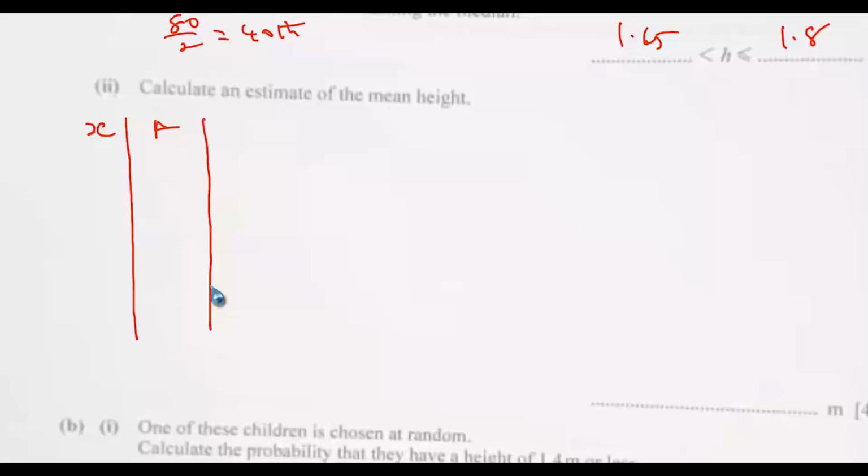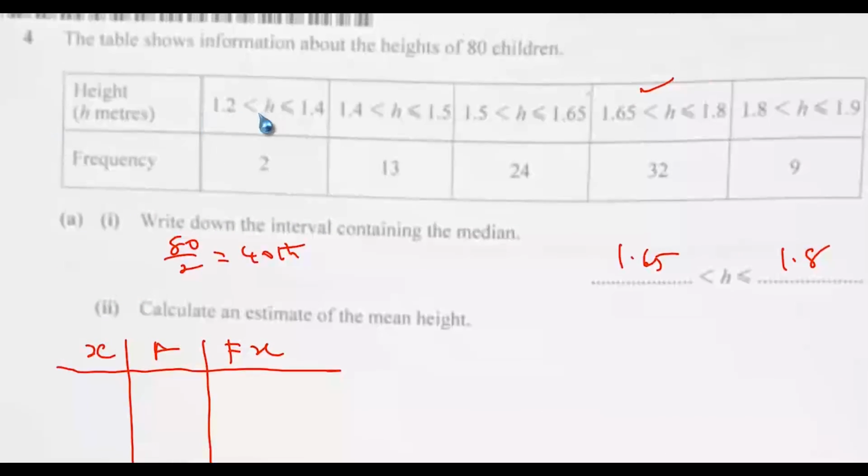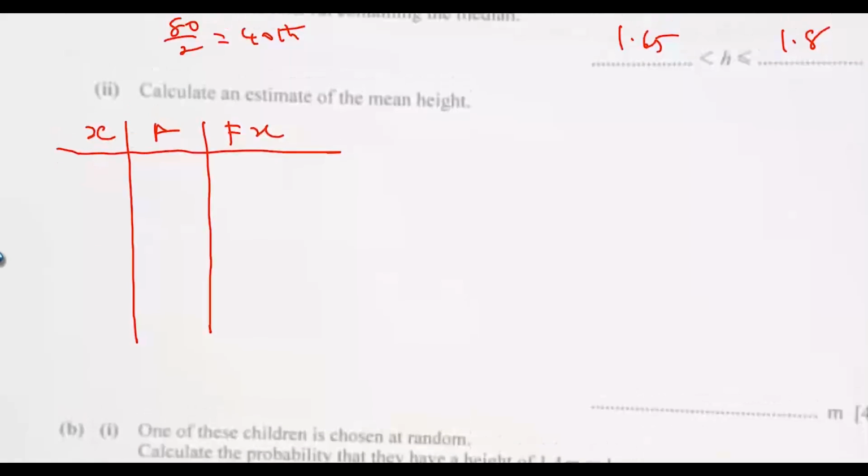Then we're going to get the product of x and f, that is fx. Then if you scroll up now, you need to add the lower and the upper class interval together and divide by 2. That is 1.2 add 1.4 divided by 2, and you do that for the remaining intervals. So if you do that, this will be the value of your x.